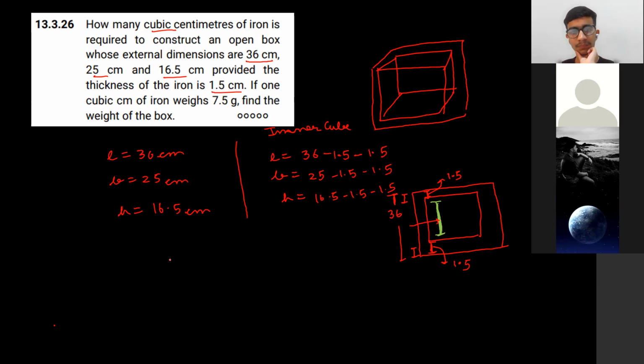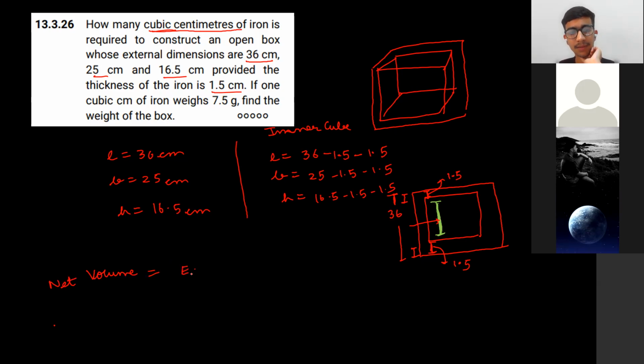After that, we'll find the volume, right? The volume of iron, in cubic centimeters. If you get cubic centimeters, then of course you have to calculate the volume. So how will you calculate the volume now? External minus internal.